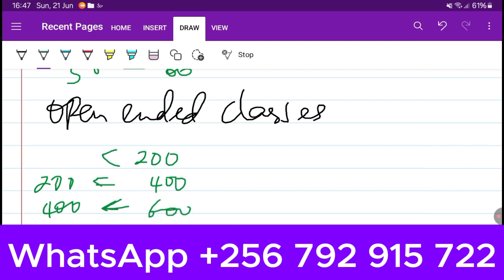Then when it comes to this one, they can say that maybe this is 600, then they put a greater than sign. The implication is that these numbers could even be negatives as long as they are less than 200. So that's why the value here is not defined, and even the value here is not defined, as they just assume any value above 600.